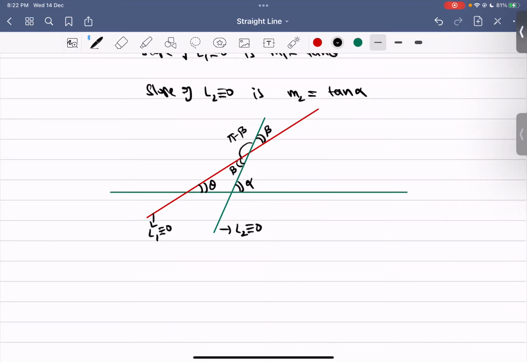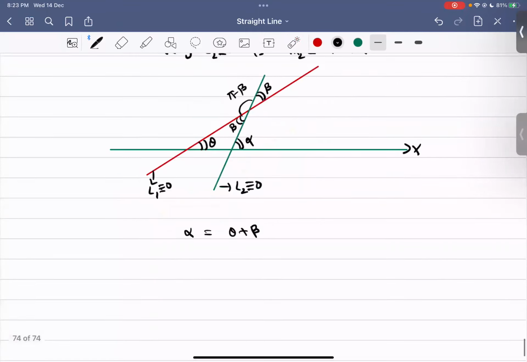As we know, this is the x-axis. As we know, in a triangle the exterior angle is equal to the sum of the opposite interior angles. Therefore, alpha is equal to theta plus beta. So beta is equal to alpha minus theta.